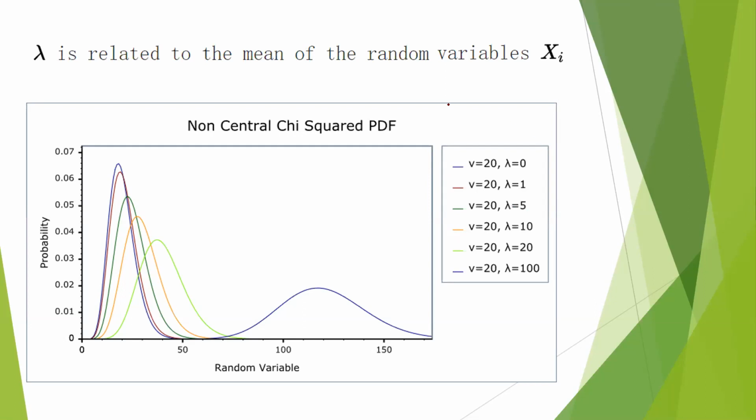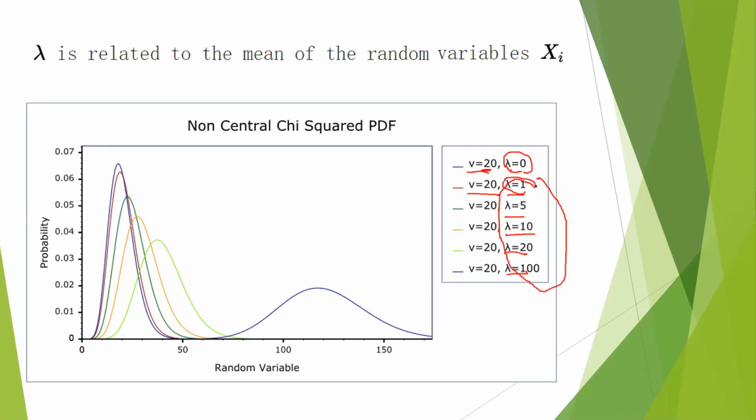All right, so this is the graph. It shows the central and non-central chi-square with different non-centrality parameters, although the degrees of freedom here are the same. For example, this is the central, but those are the non-central chi-square distributions.